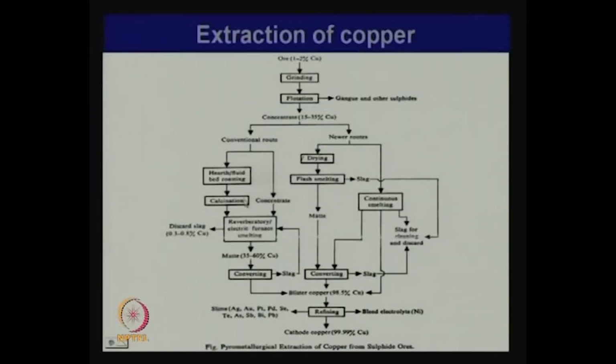If you want to convert these 3 into a single reactor, then the reactor must be so designed that its partial pressure of oxygen varies from one region to another. So, it is not a reactor where the gaseous atmosphere is uniform. It is not possible to then go from concentrate to matte to blister copper.